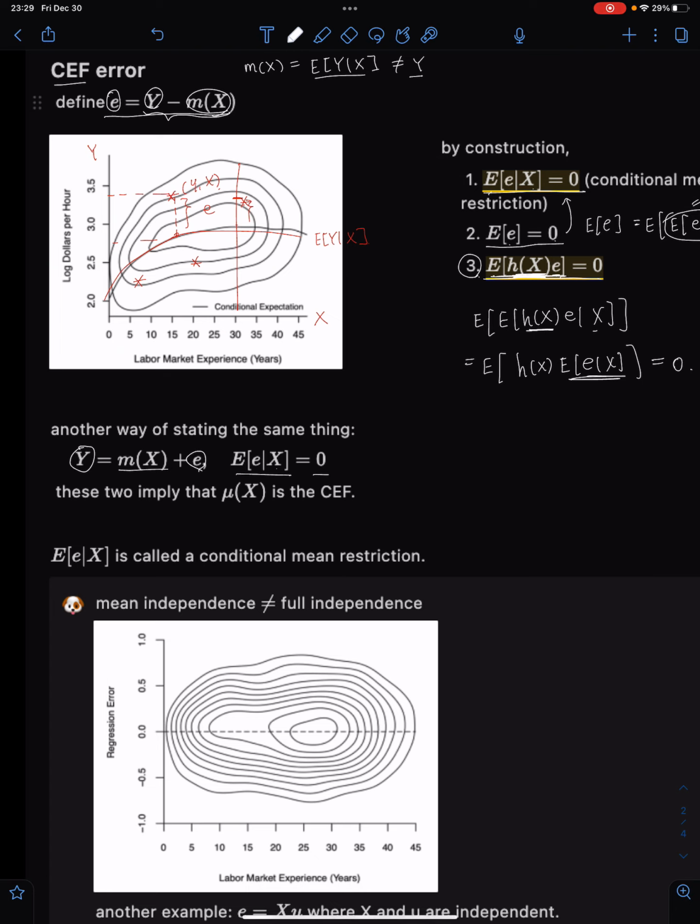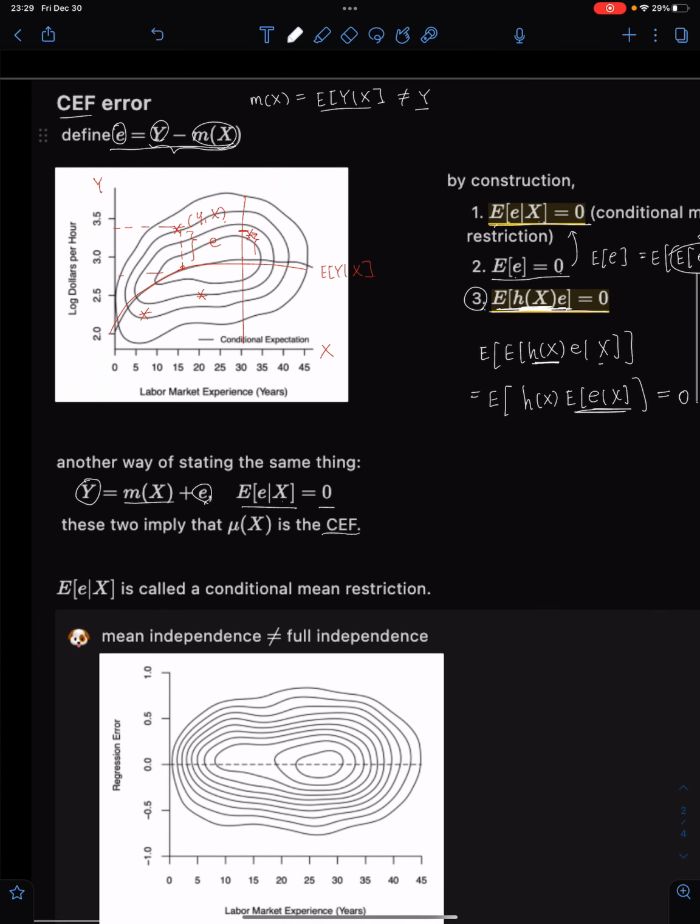On average, this e has 0 mean. And if we write our equations in this way, these two equations imply that m of x is the conditional expectation function. This can be very easily seen because if you take conditional expectation on both sides, then we can see that m of x is the conditional expectation function.